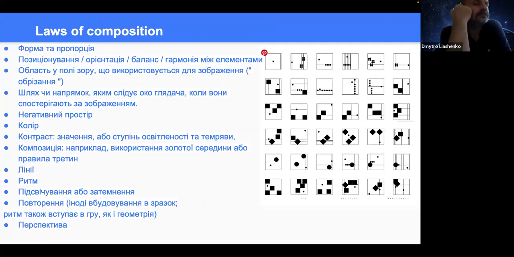Artists and graphic designers and people who want to represent their ideas in the best way should learn laws of composition. There are the following laws: form and proportion, positioning, orientation, balance, harmony between elements.